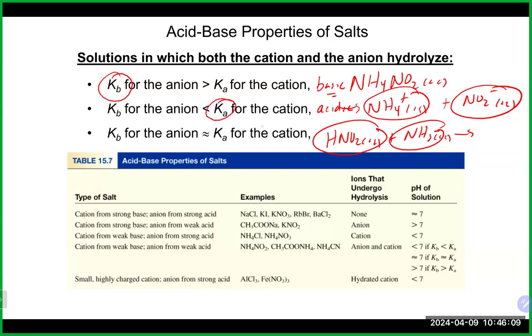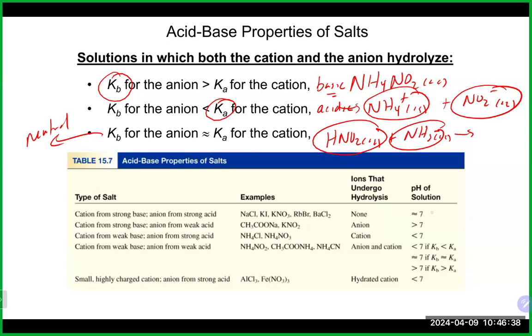And if they're about the same, then you're looking at a neutral situation. So if you have a salt where both parts can go through hydrolysis, you compare the Ka to the Kb value, and whichever one's larger is the calculation that you would do. You would assume it's either acidic or basic depending on which one is larger. And that's what this little table goes through here.